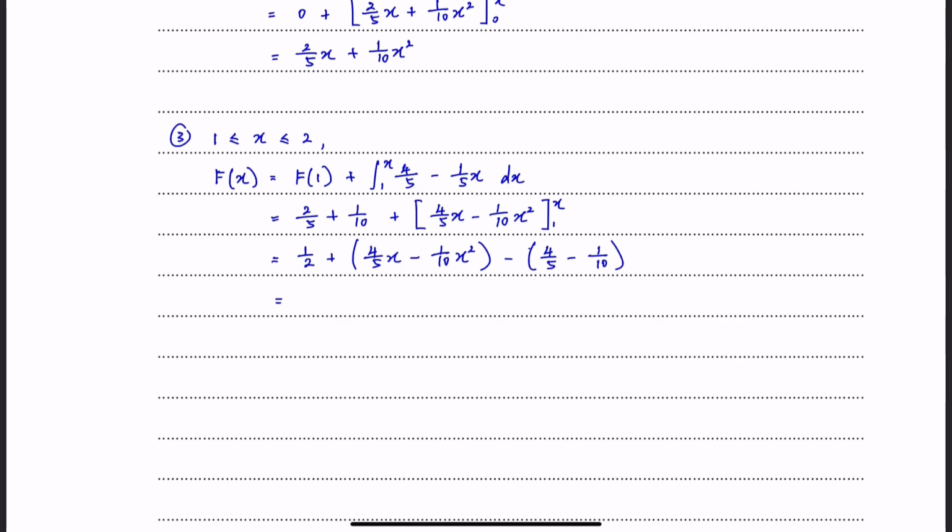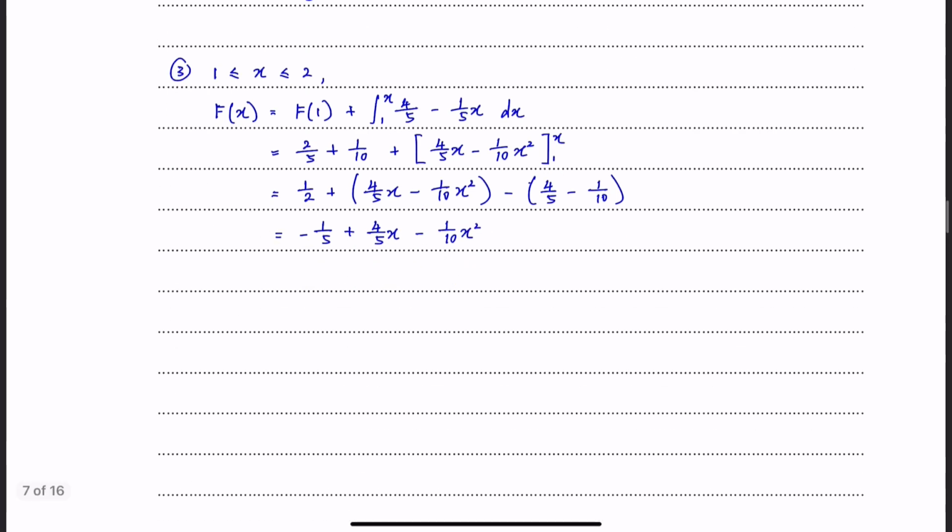So we would get negative 1 over 5 plus 4 over 5x minus 1 over 10x squared. So now the fourth step, for x more than 2, our F(x) would be 1.